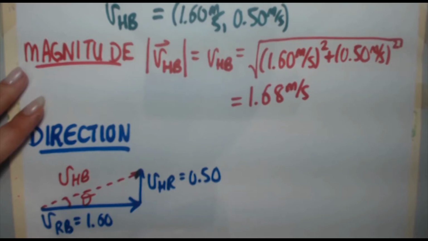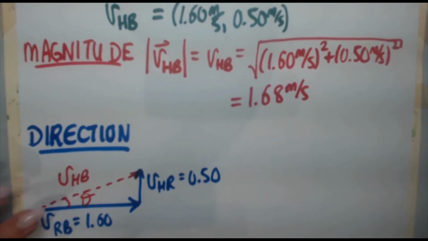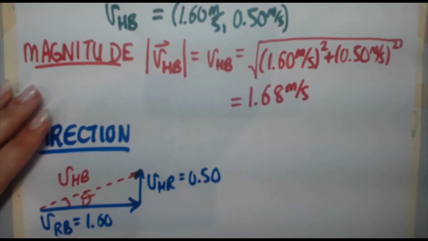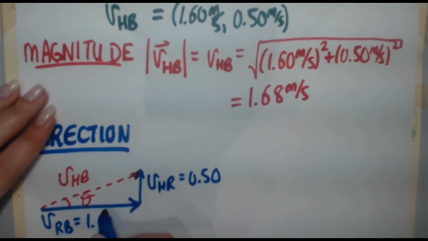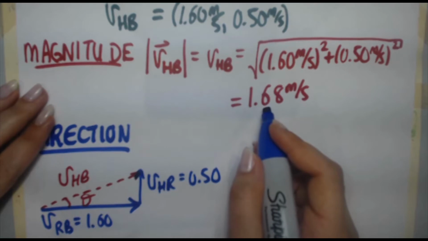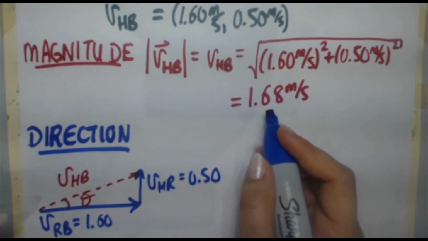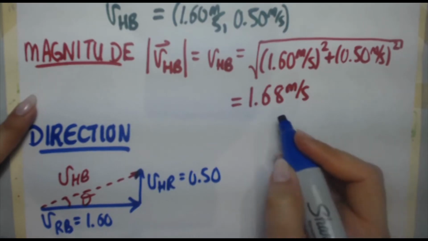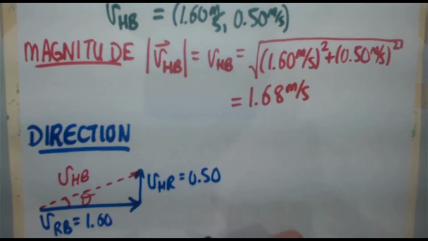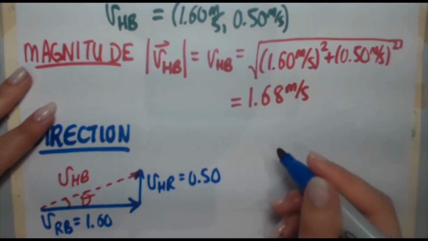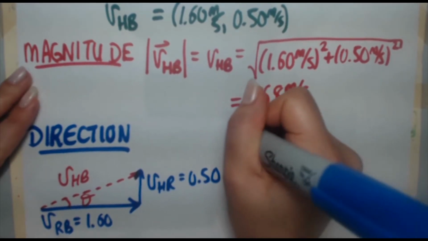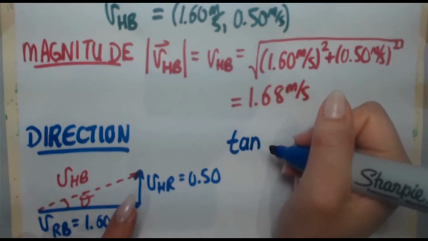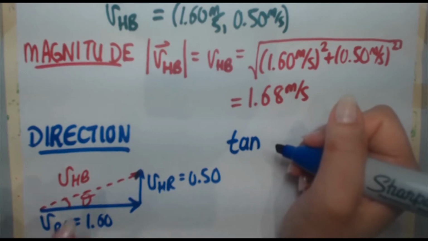Now we've got our theta, our VHR, and our VRB. Since we know these two sides, although we did find VHB, you don't want to use that in your calculation for theta. In case you did something wrong there, you don't want the error to propagate down here because you'll just get more marks off. So tan is what we're going to use since we were given opposite and adjacent.